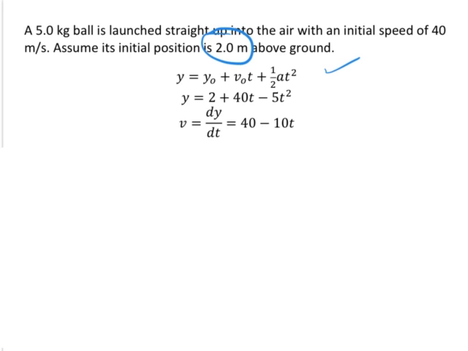We have an initial speed of 40 meters per second. And so this would be a general description of the object's position. If we take the derivative of this, we would find a general expression for the velocity. Or, of course, you could plug that information into the v equals v sub o plus at equation.